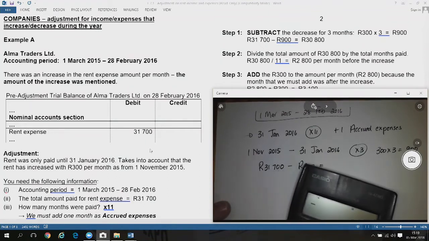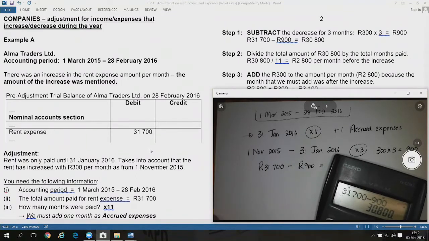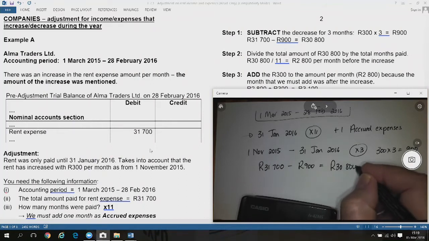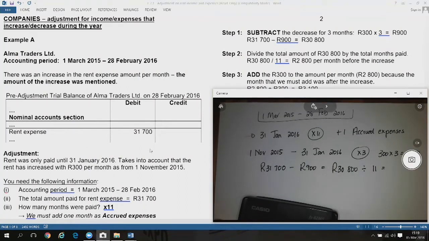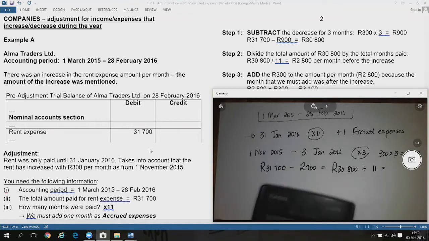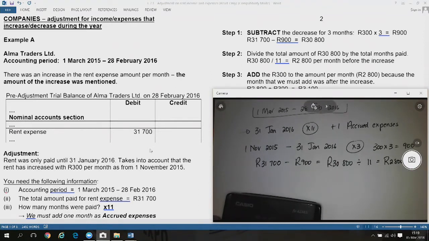You cannot divide something by 11 if it's not equal. So we take away the 3 months times 300 Rand. That gives you 30,800. Then you divide it by 11. That gives you 2,800 Rand per month before the increase.